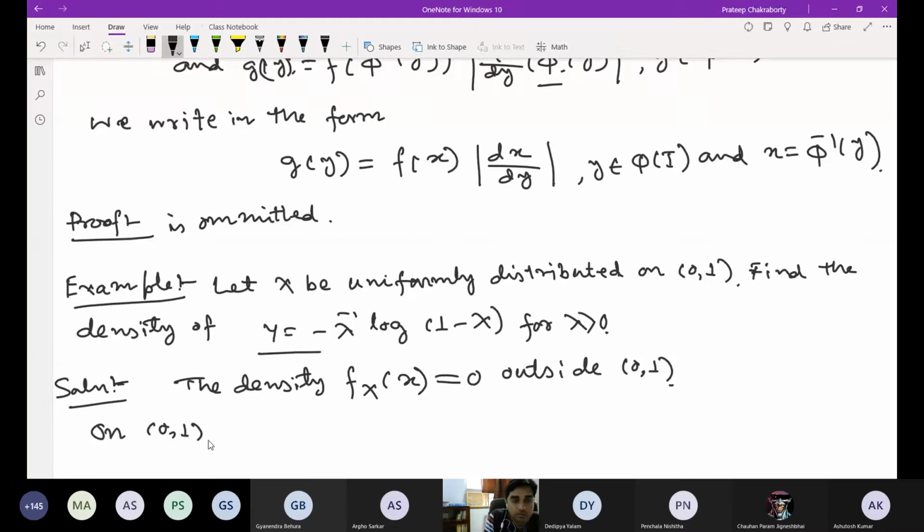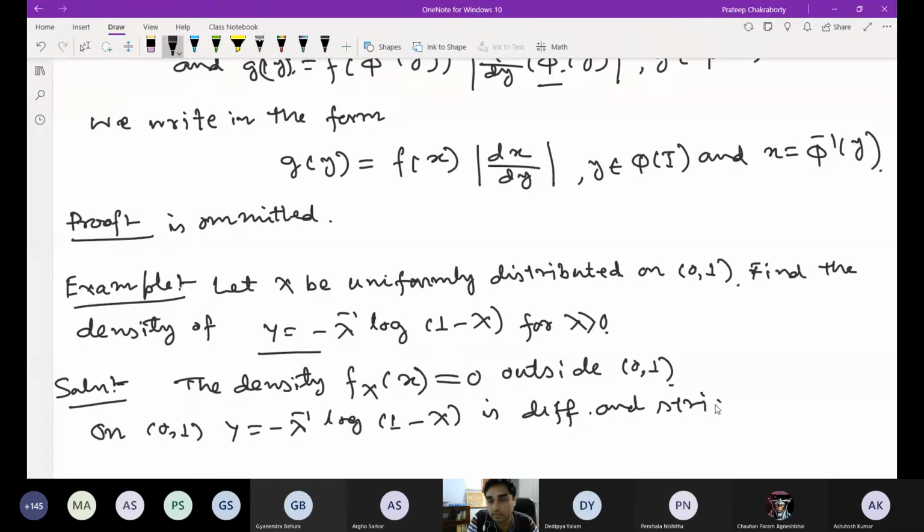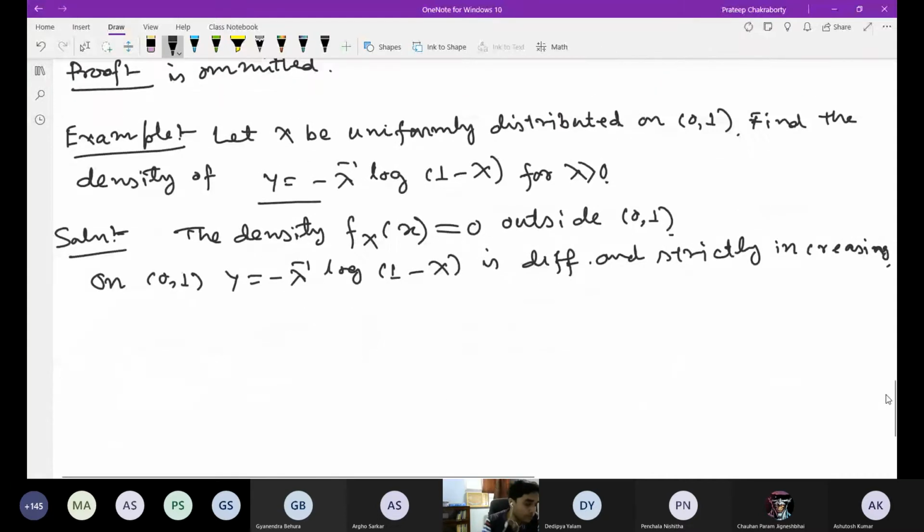On 0 comma 1, y is equal to minus lambda inverse log 1 minus x is strictly differentiable and strictly increasing. Am I right? So we have to find the density function of y.